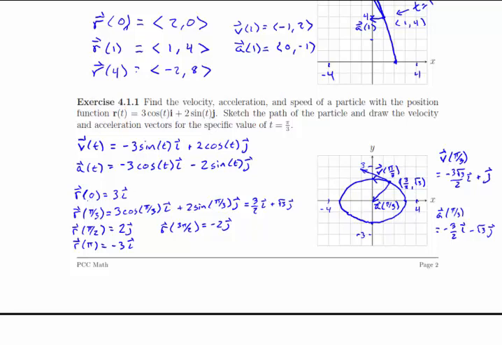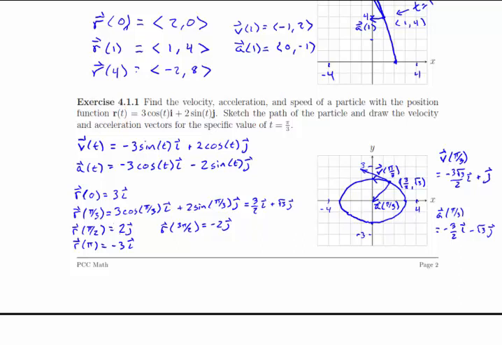So when t is 0, we get 3i. I'm actually going to skip the pi over 3 in my explanation for a second, but we have r of pi over 2 equals 2j, r of pi equals -3i, and then r of 3 pi over 2 equals -2j. And if we plot those 4 points, r of 0 equals 3i is 3, 0 over here.